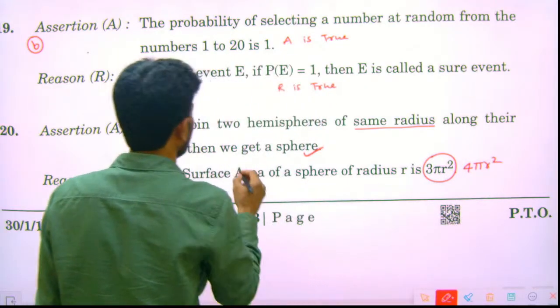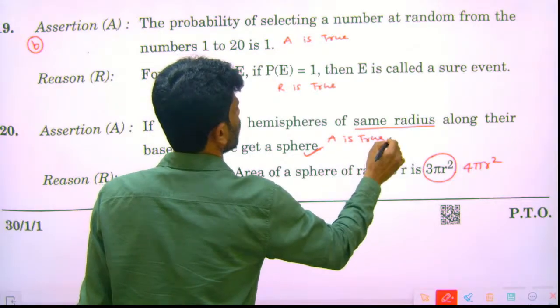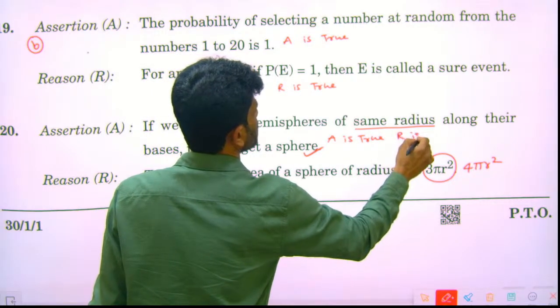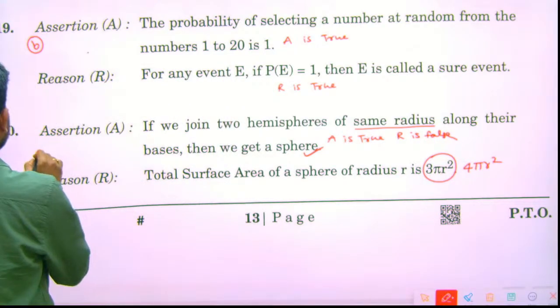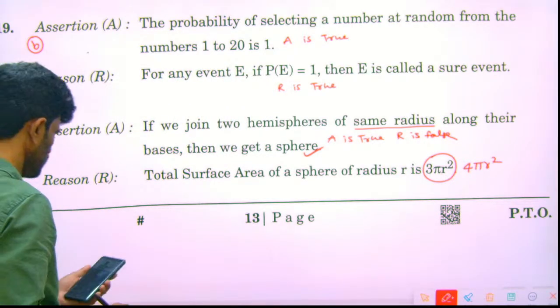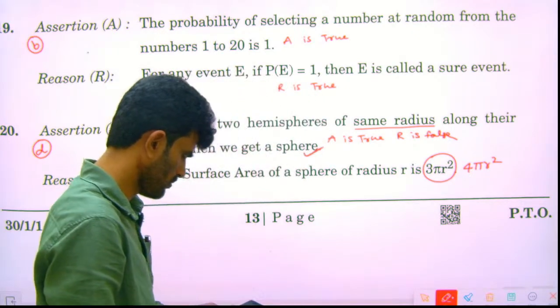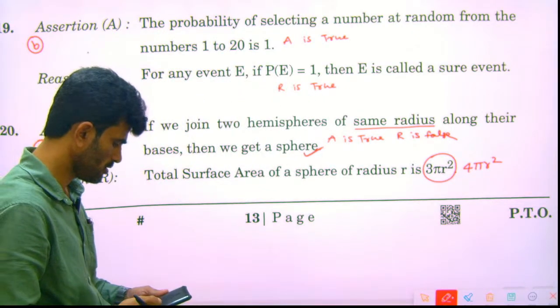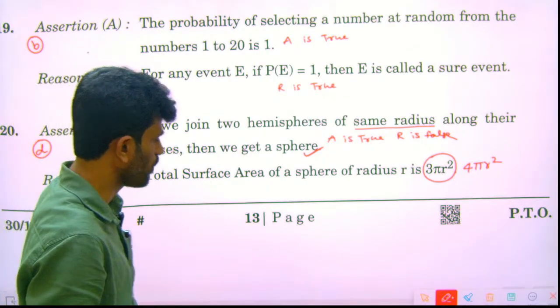So assertion is true. Reason is false. So option B is correct. These are the objective questions. Objective question solutions for set 1.